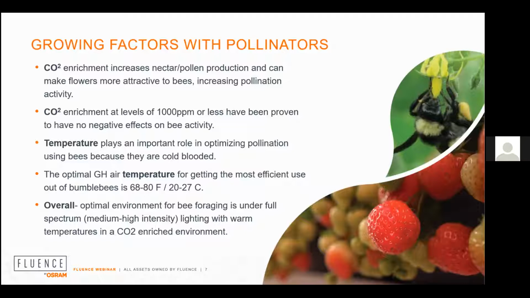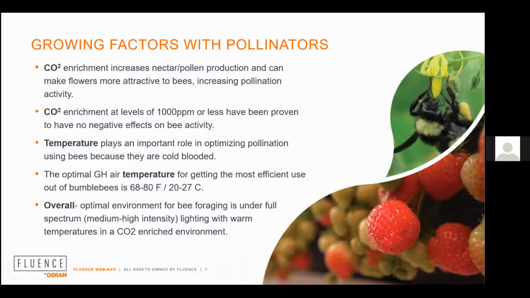So moving on to the growing factors with pollinators specifically, one of the things we see talked about a lot is CO2 enrichment, because it's a part of most of our crops since we're pushing them to flower and to fruit. As far as pollinators are concerned, CO2 enrichment is increasing the nectar and pollen production, and can make flowers more attractive to bees, which just increases the pollination activity.